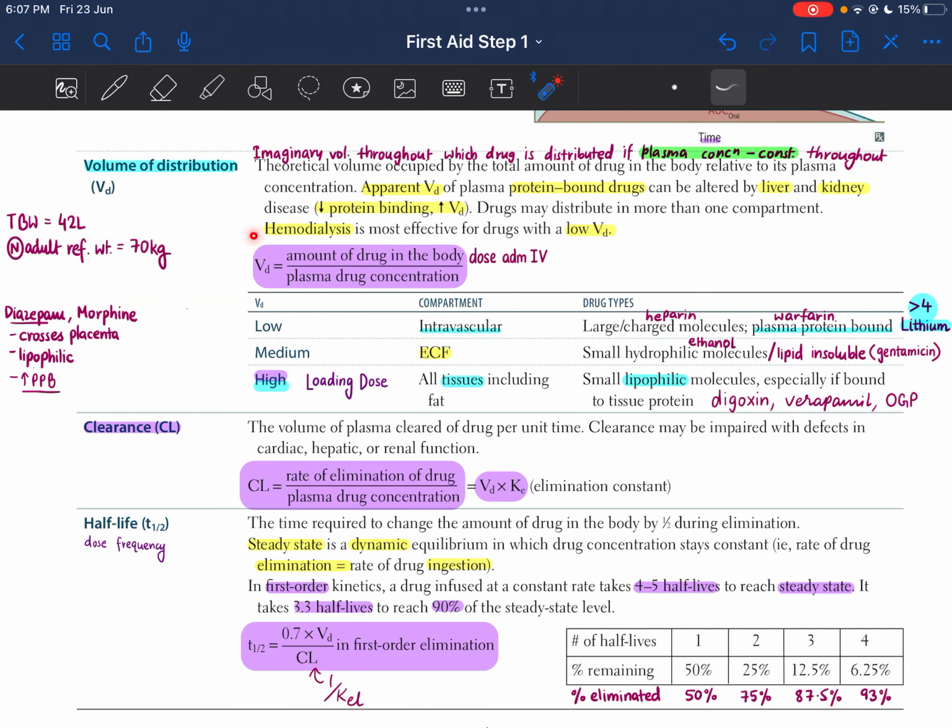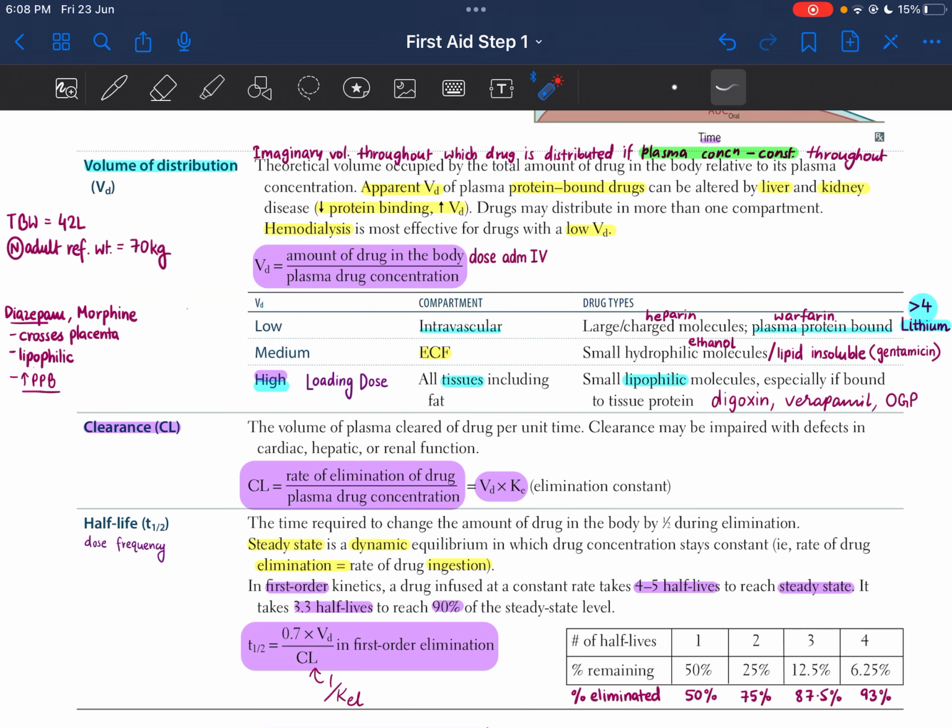Continuing from here, when VD is low, it is going to stay in the intravascular compartment. It is not going to get distributed into the tissues, throughout the body. So what are the drug types here? Large charged molecules like heparin.